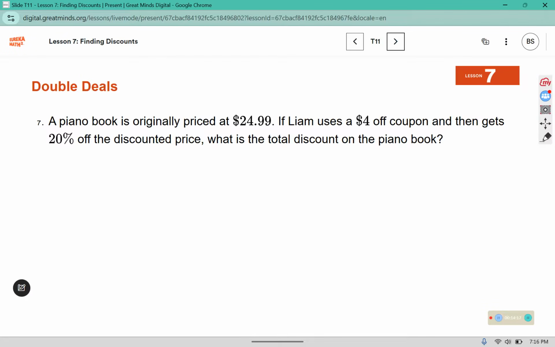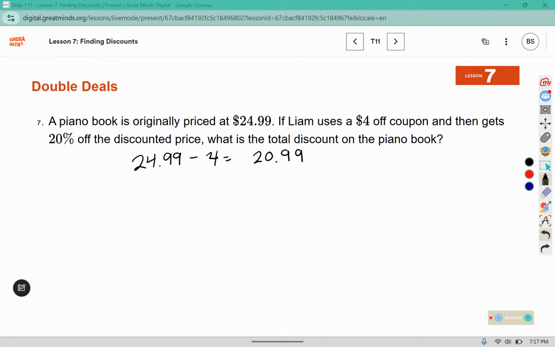A piano book is originally priced at $24.99. If Liam uses a $4 off coupon and then gets 20% off the discounted price, what is the total discount on the piano book? Well, if he saved $4, the new price would be $20.99. Using that y equals kx equation, 20% can be rewritten as 0.2.